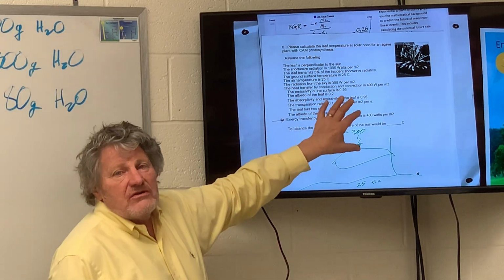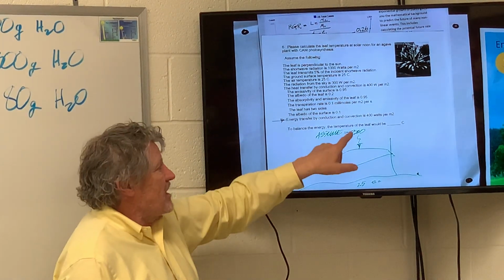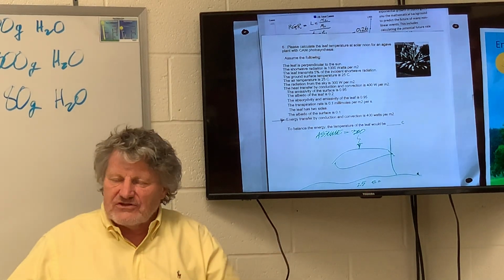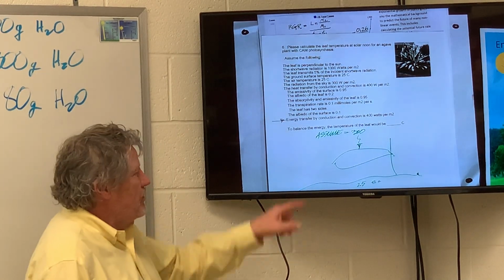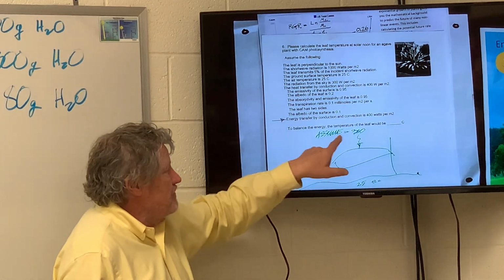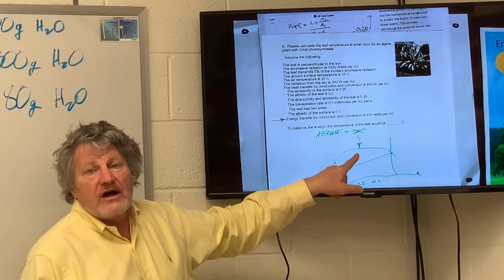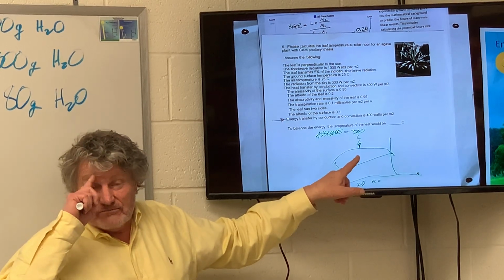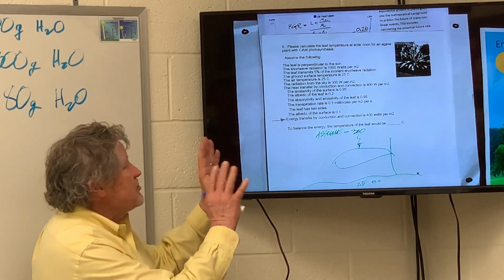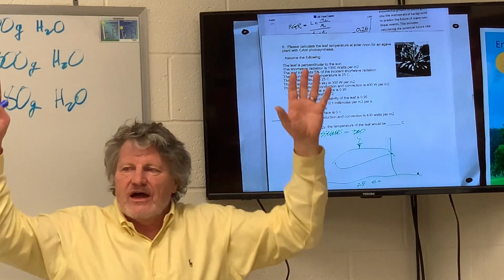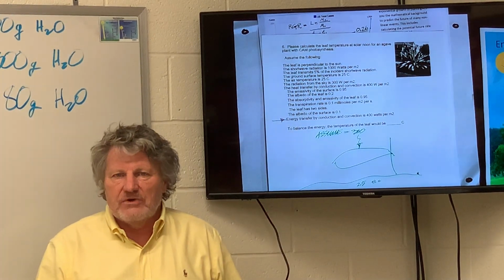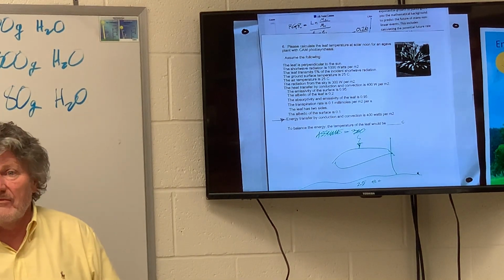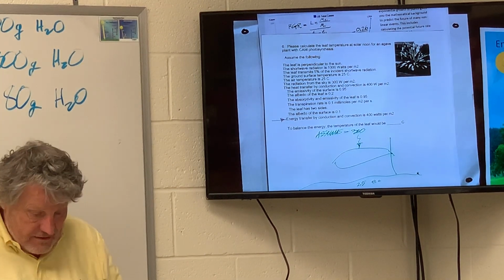I also didn't provide a value for sky radiation in here, and when there's no value, you either have to ask or assume a typical value. And to get the answer, I assumed 300 watts per meter squared coming from the sky. So question 6, assume the sky radiation is 300 watts per meter squared. That's a very typical value for sky radiation. Okay.